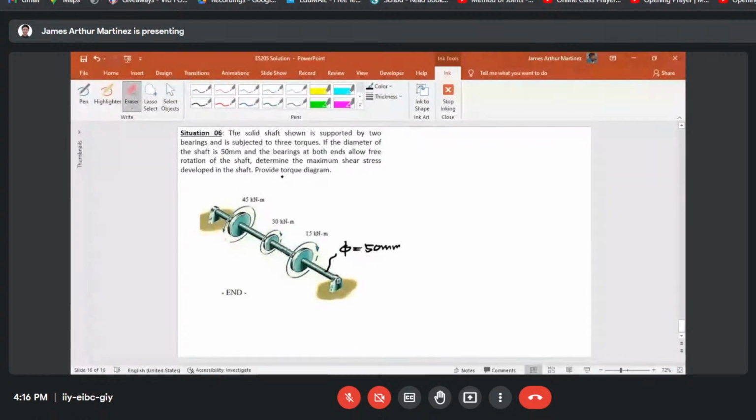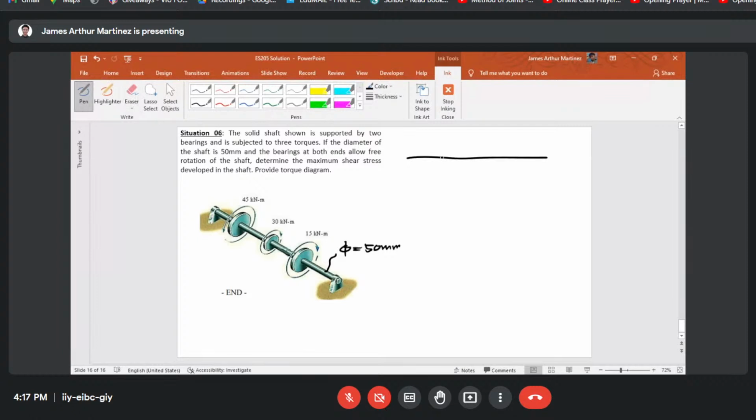Determine the maximum shear stress developed in the shaft. Provide a torque diagram. So we will be solving this one using a torque diagram.